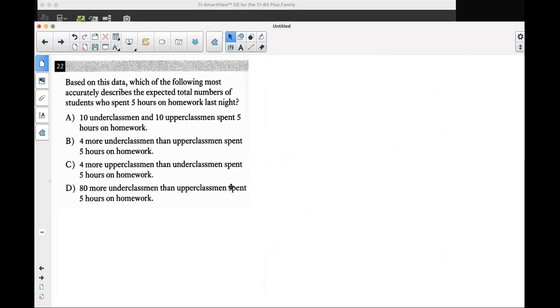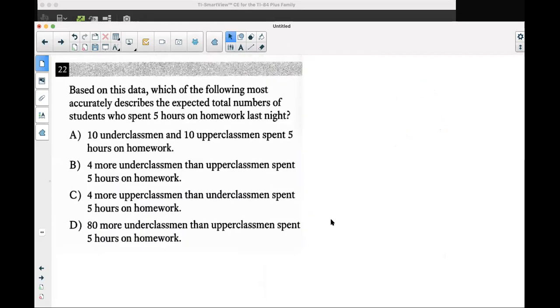So this question is based upon the same data before. Based upon this data, which of the following most accurately describes the expected total number of students who spent 5 hours on the homework last night? 5 hours?